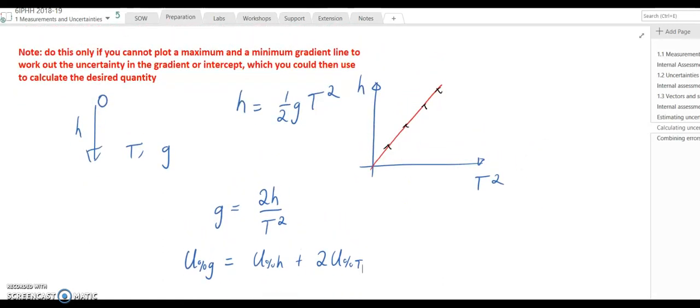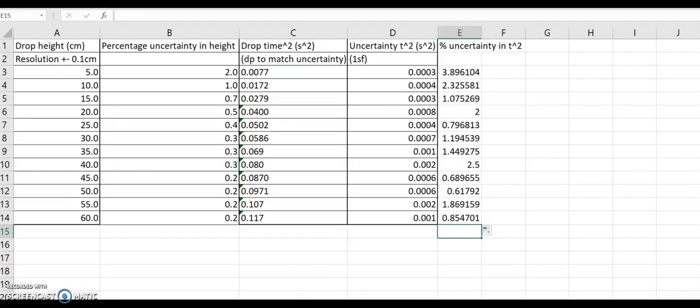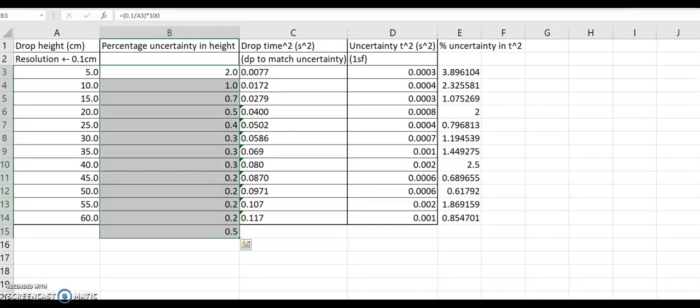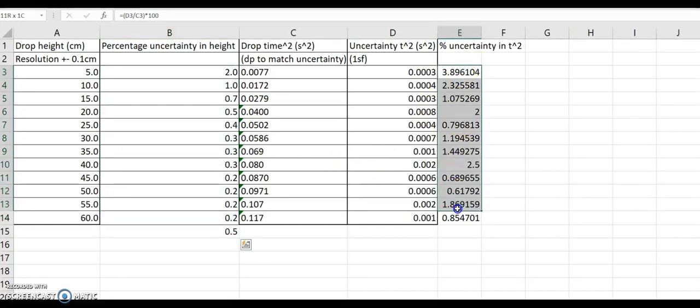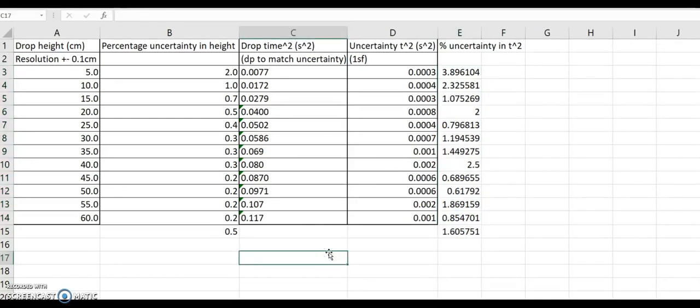What we need to do is use something that I think of as perhaps a characteristic uncertainty. For that, I tend to use the average uncertainty. So let's have the average uncertainty in the height and the average uncertainty in the time, and use those to calculate some kind of estimated uncertainty for little g. So we want the average of those quantities, average 0.5, and average is 1.6.